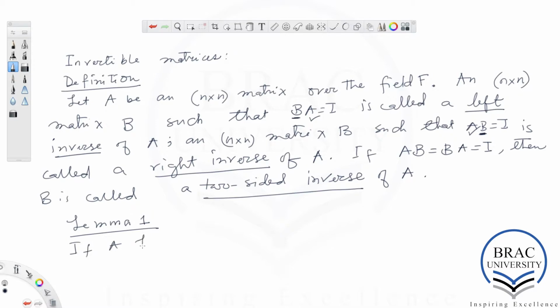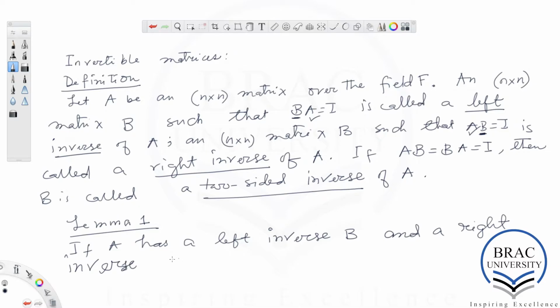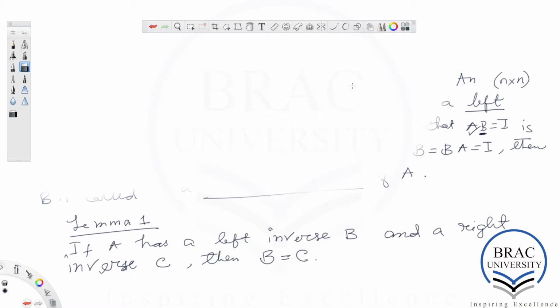If A has a left inverse B and a right inverse C, then B is necessarily equal to C. Let us go over the proof of this lemma.